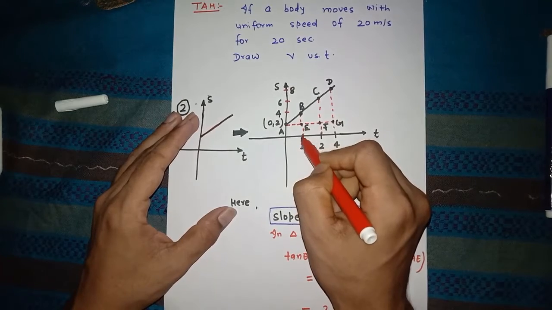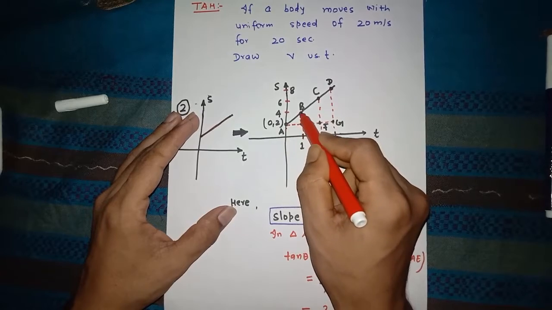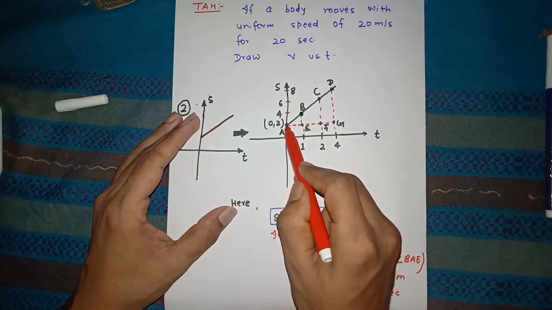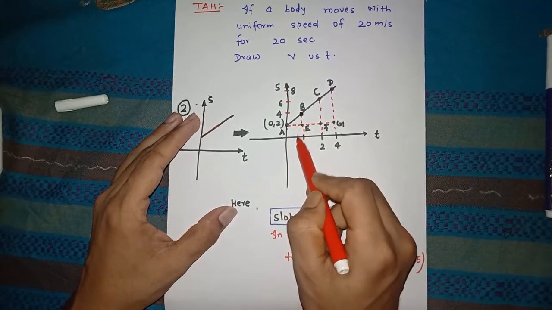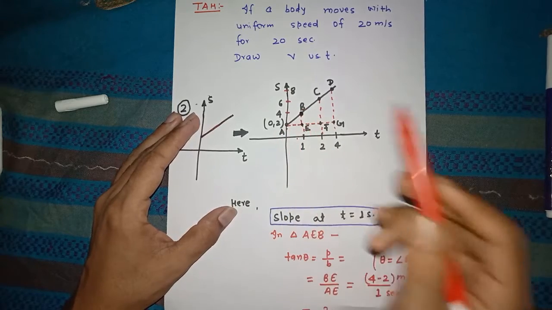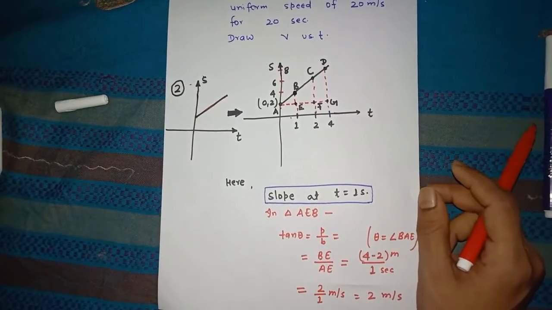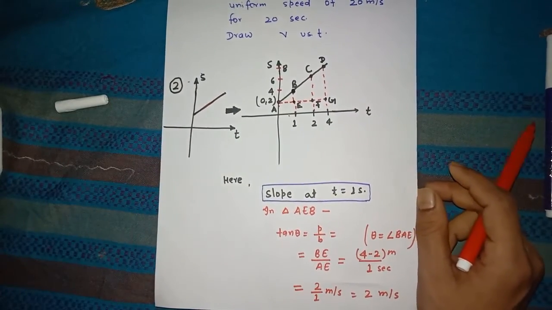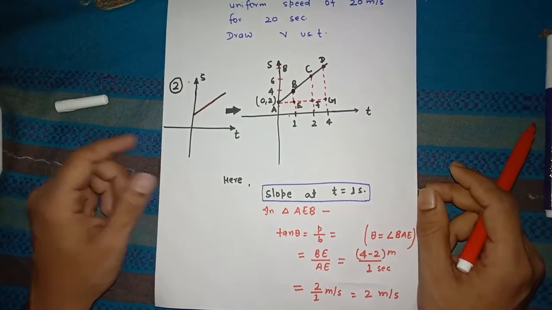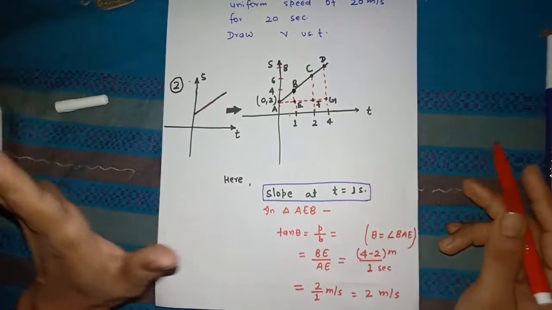I take a line parallel to the y-axis which cuts at B, and from A I have drawn a line parallel to the x-axis which cuts at E. So this is the right angle triangle ABE, and in ABE the angle at E is 90 degrees. Have you got my point?